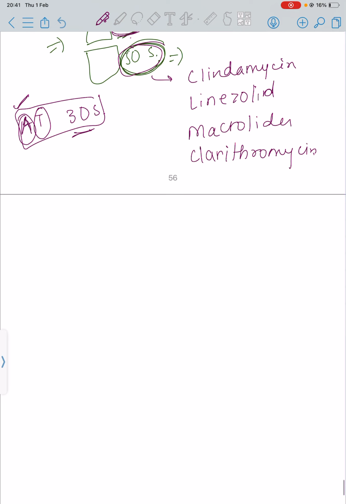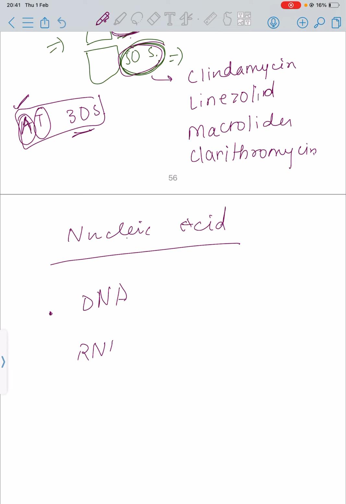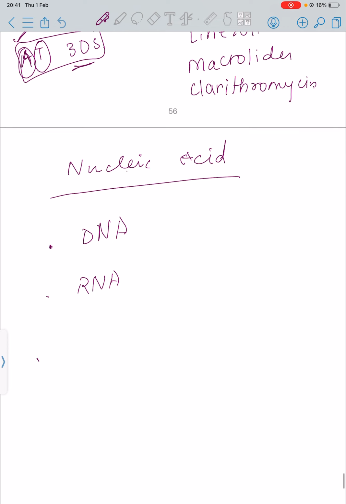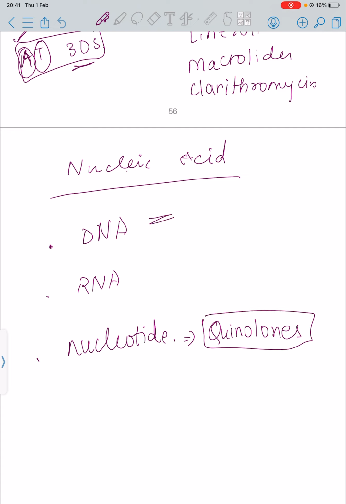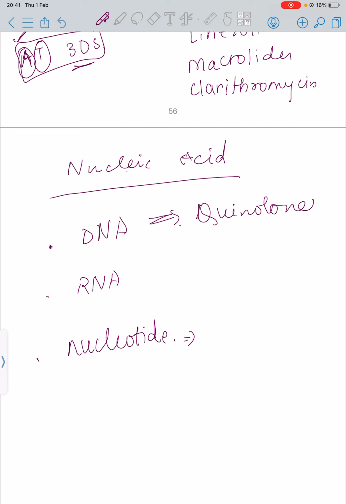Then lastly, nucleic acid synthesis inhibitors. There are some which inhibit DNA, some which inhibit RNA, and some which inhibit the nucleotide. DNA synthesis inhibitors basically include quinolones.